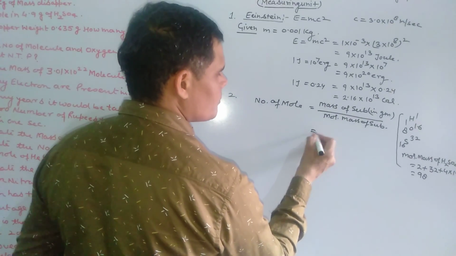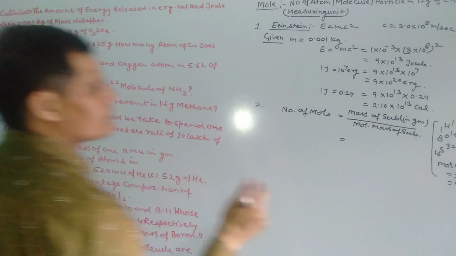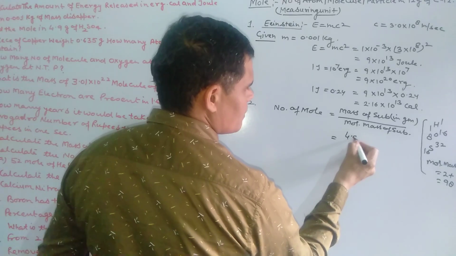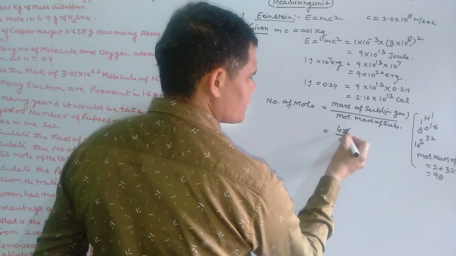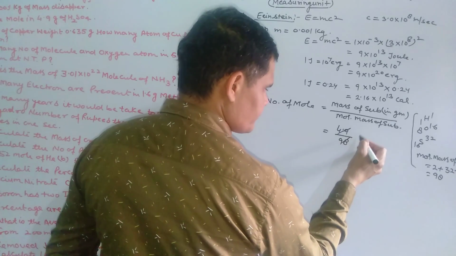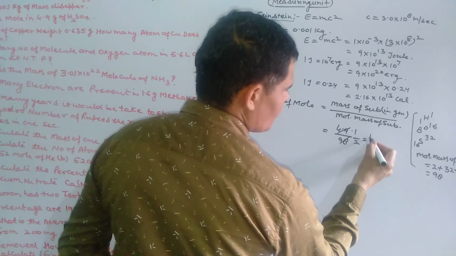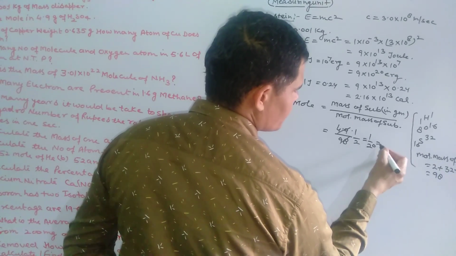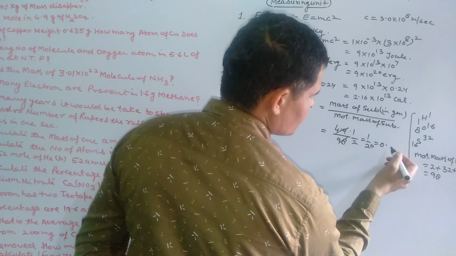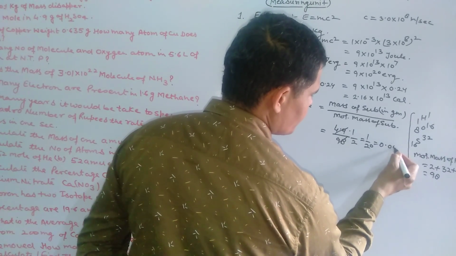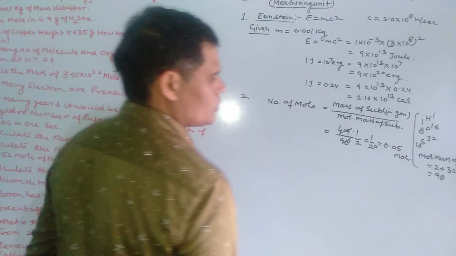To find the number of mole, mass of substance is given 4.9 gram upon 98, and it will be 1/20 or 0.05, that is the number of mole.